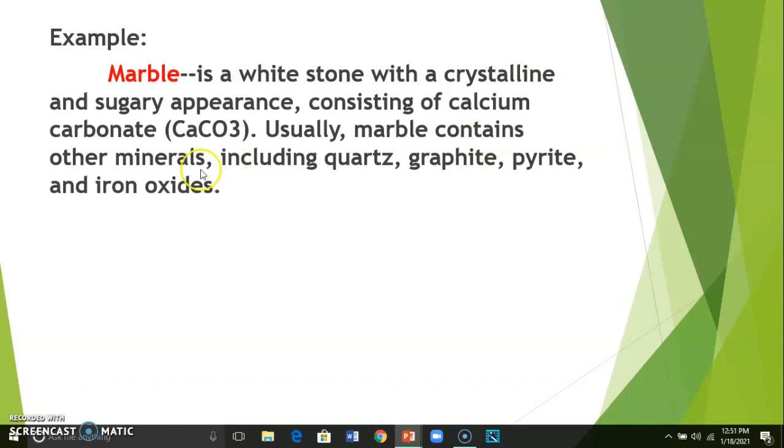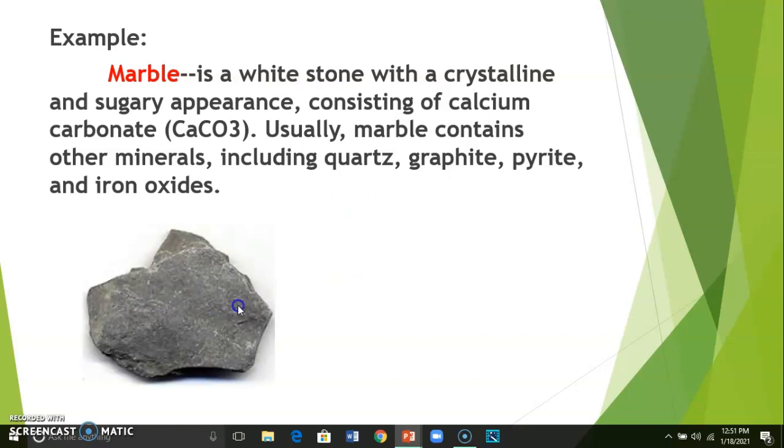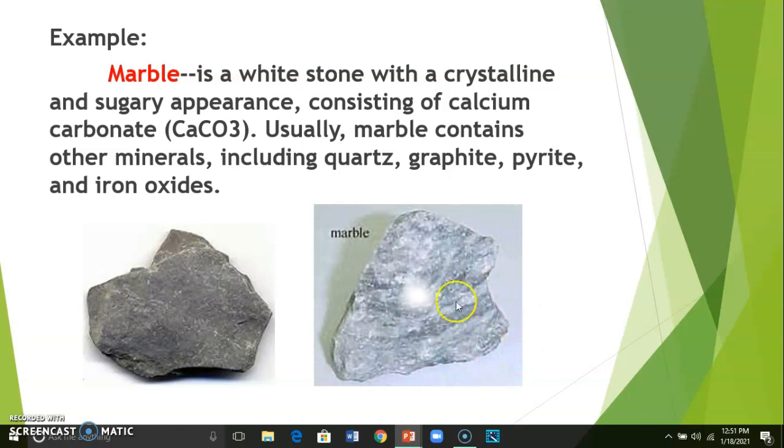Usually, marble contains other minerals, including quartz, graphite, pyrite, and iron oxides. Okay, this is the example of marble. So you can look also in your surroundings and find this stone or rock.